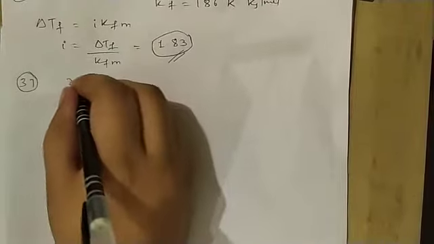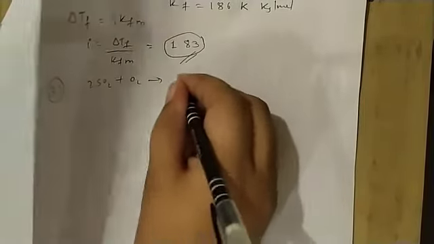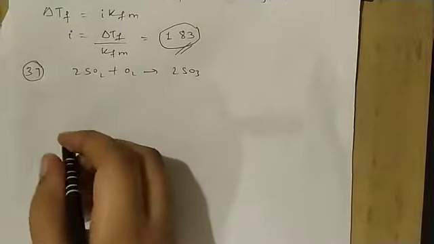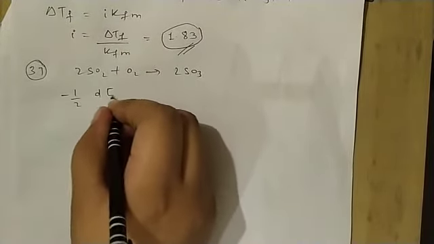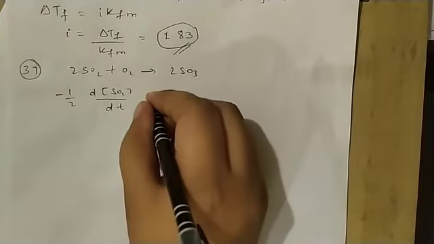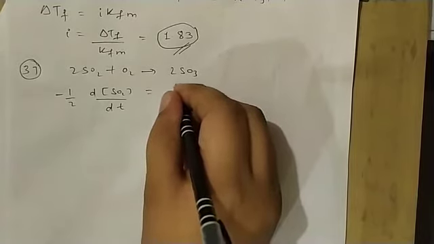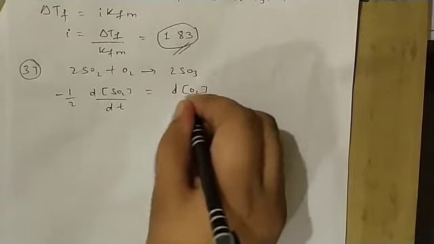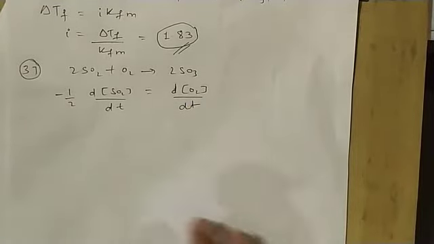The reaction is given 2SO2 plus O2, which is converted into 2SO3. Rate of the reaction will be equal to minus half rate of change of SO2 upon dt will be equal to change of rate of oxygen upon dt. This option will be correct one.